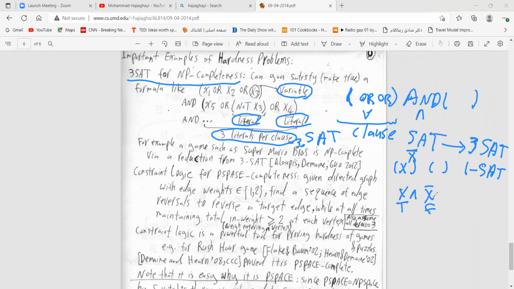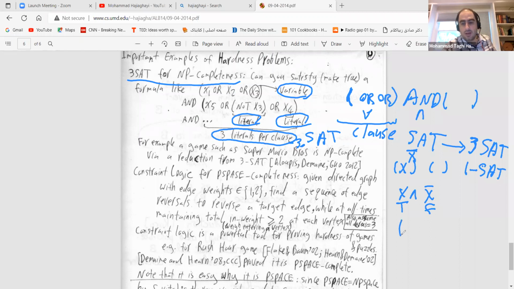Yes. Now if we consider 2-SAT, where we have two literals per clause, like X or Y, or maybe X bar or Y, this 2-SAT problem can also be solved in polynomial time, and we will talk about it later.